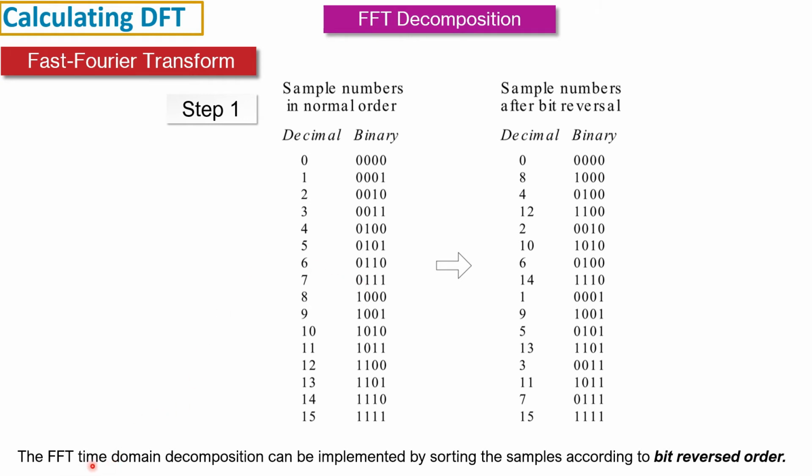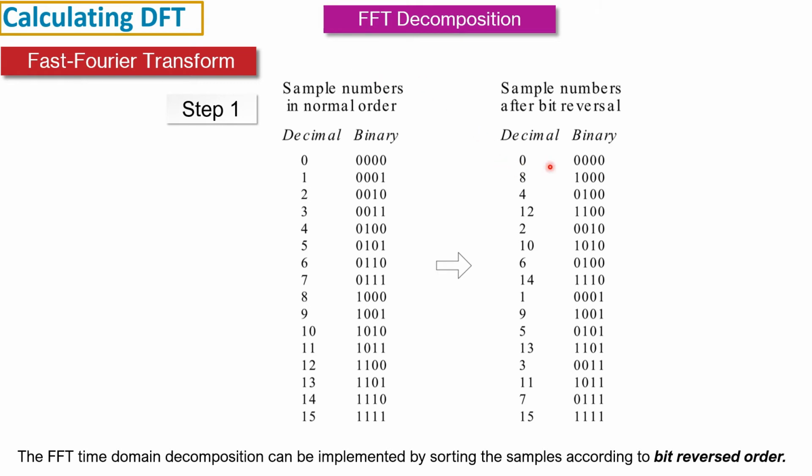So FFT time domain decomposition can be implemented by sorting the samples according to bit reversed order. Instead of going through all those steps, we can simply use this observation of bit reversal to decompose our time domain signal into N signals.